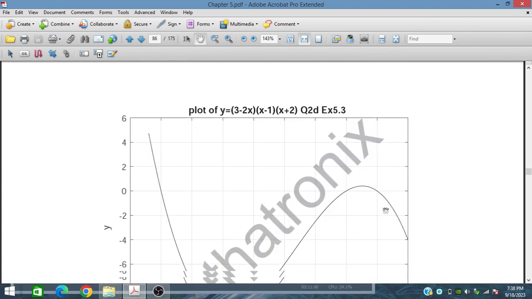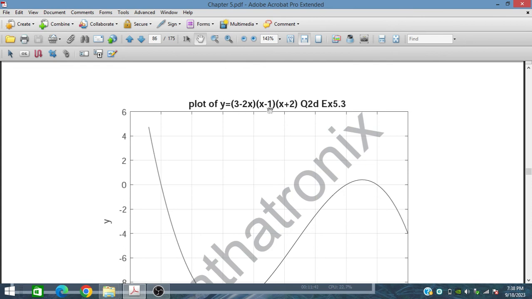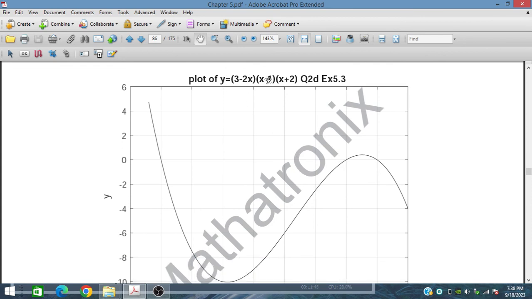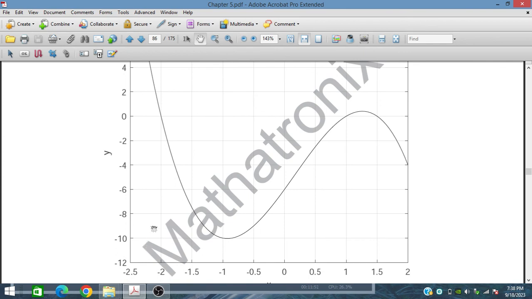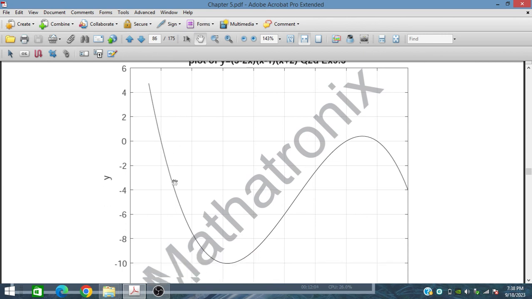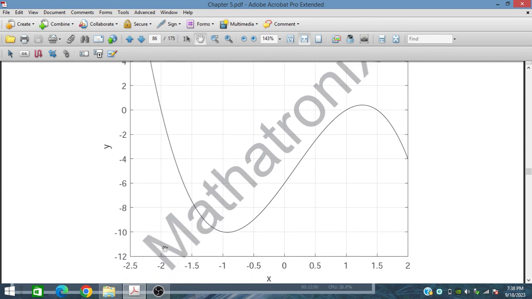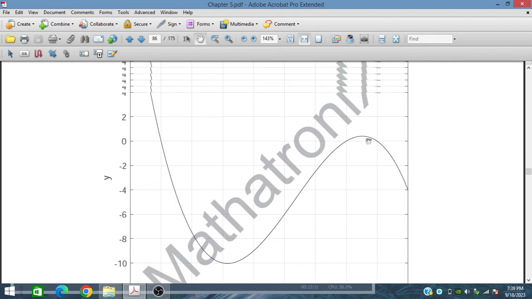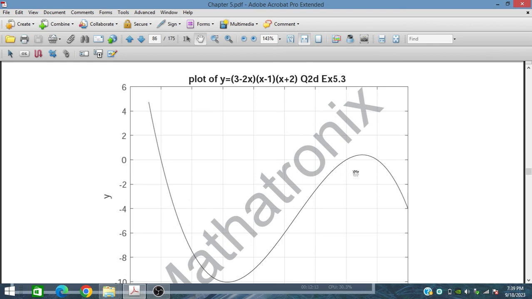Now question d. Here we have 3 minus 2x, x minus 1, x plus 2, and from this we have x is equal to minus 2. Minus 2 is here. Since the curve is negative, it will be drawn like this. Then x minus 1 is equal to 0, so x is equal to 1.